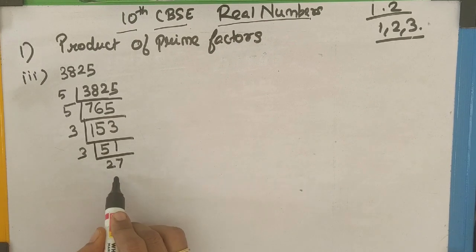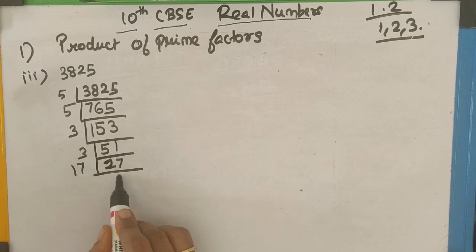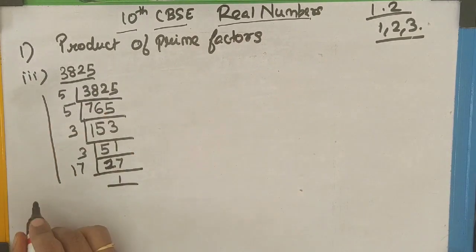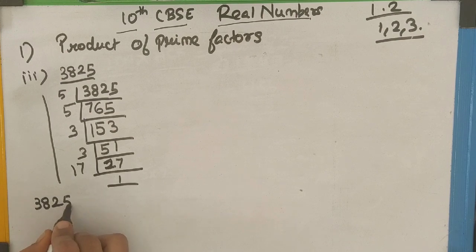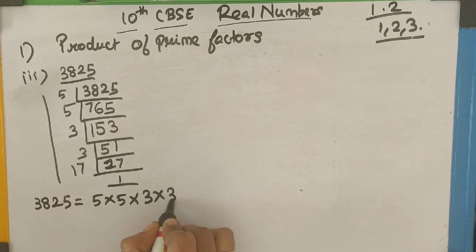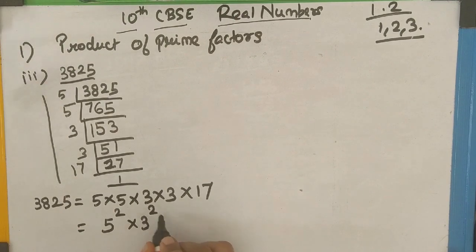So we get 17. Now 17 is a prime number, so we have to end it with that. So these are the prime factors of 3825. That is 5 into 5 into 3 into 3 into 17, that is 5 squared into 3 squared into 17.